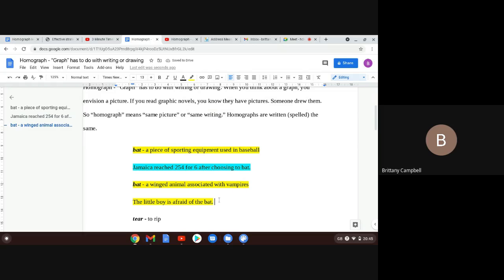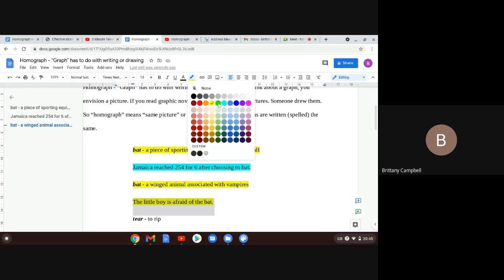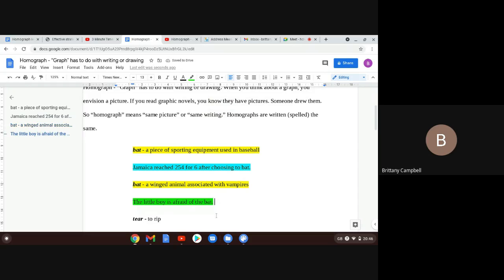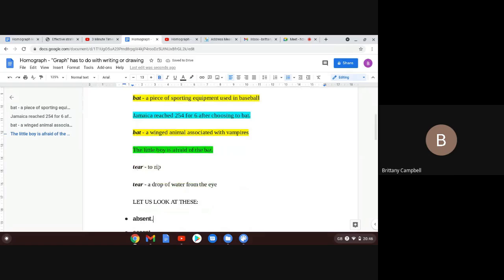So there you're able to see that even though they're spelled the same way, the meaning actually differs, right? Look at tear, to rip, and also tear, a drop of water from the eye. What is a possible sentence that we could think about using the word tear, to rip?